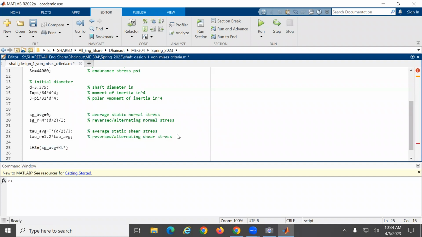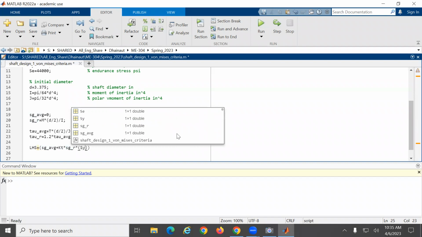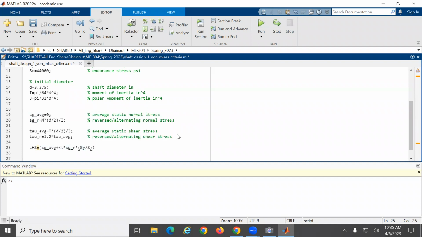KT times SG sub R, about sigma, SG sub R times SY over S endurance, all that stuff squared, plus, and let me do this, might be a little bit faster.